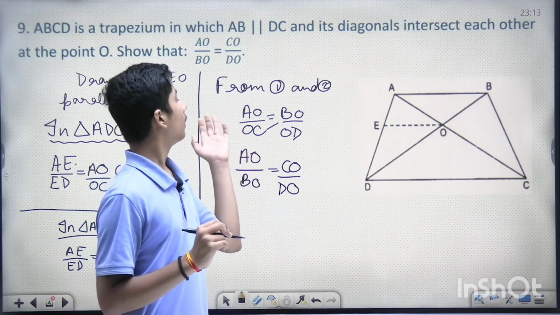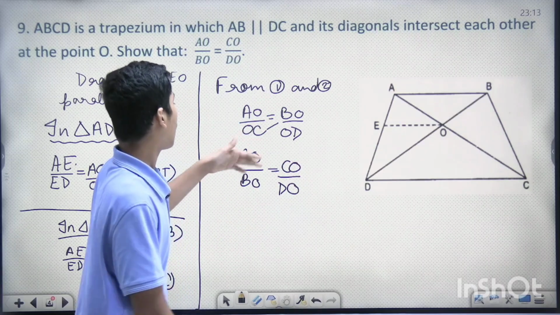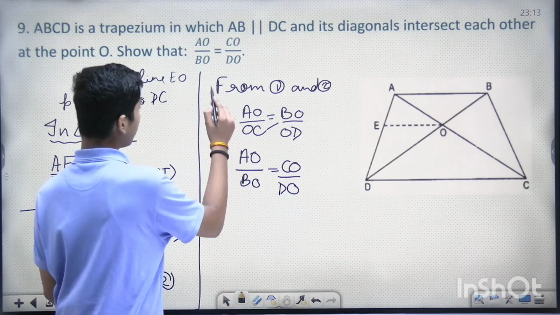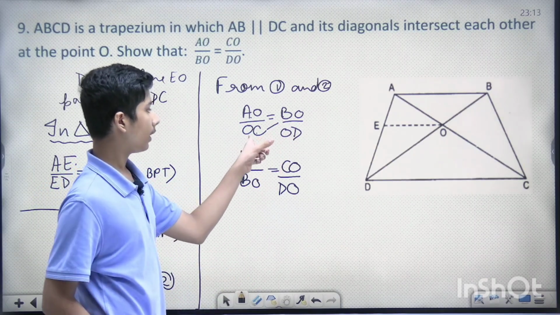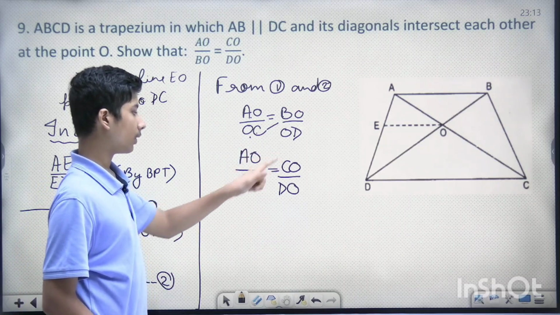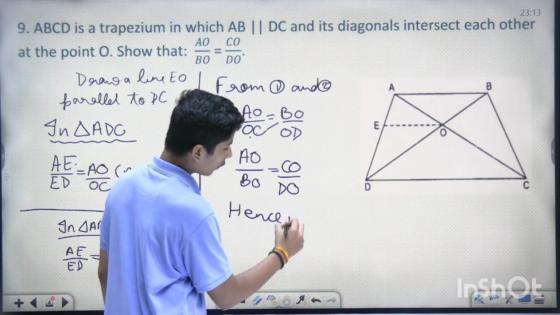You'll have to firstly derive an equation, then name it yourself and convert it according to the given in question. So here AO upon BO was given, but we got AO upon CO equal to BO upon DO. So we sent OC that side and OB came this side. So AO upon BO equal to CO upon DO. Hence proved.